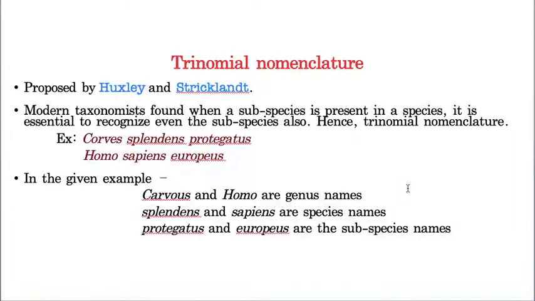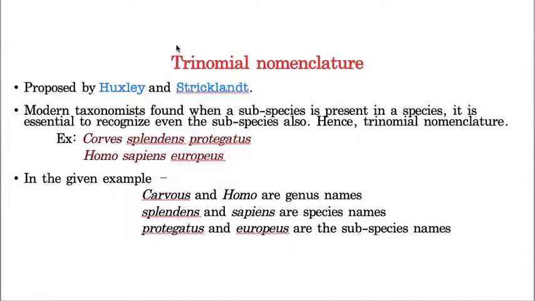This was proposed by Huxley and Strickland, whereas binomial nomenclature was given by Carolus Linnaeus. Students, remember these names, because in my experience many students get confused. Binomial nomenclature: Carolus Linnaeus. Trinomial nomenclature: Huxley and Strickland.